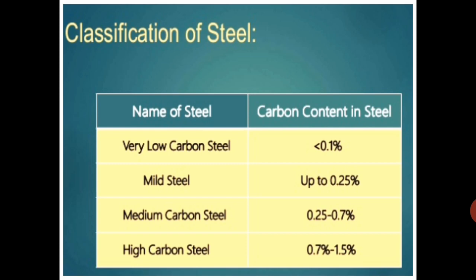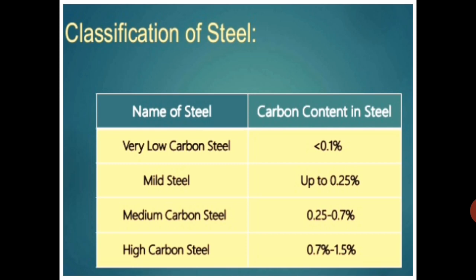What is meant by mild steel? If the percentage of carbon content in steel is up to 0.25%, then we can call it mild steel. And what is the meaning of medium carbon steel? If the percentage of carbon content in steel is 0.25 to 0.7%, then we can call it medium carbon steel.